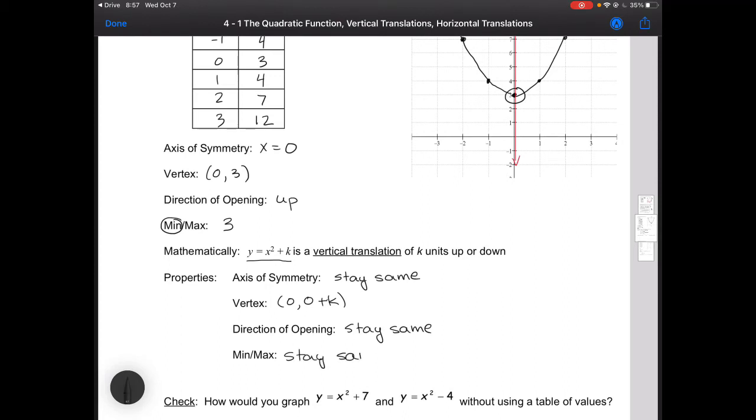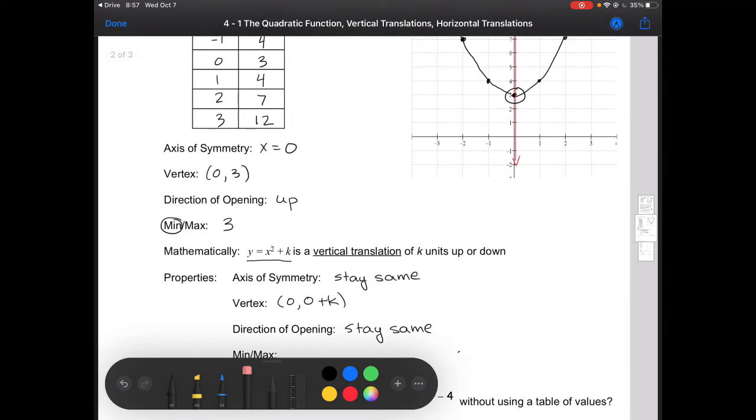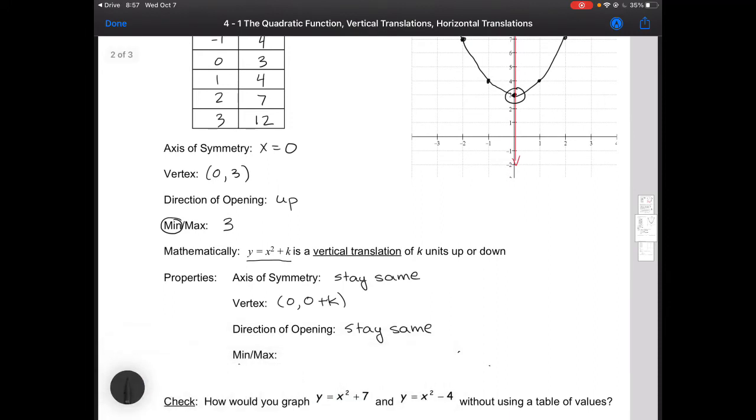So whether your graph is a minimum or a maximum stays the same, but your value is going to change by y plus k or y minus k.